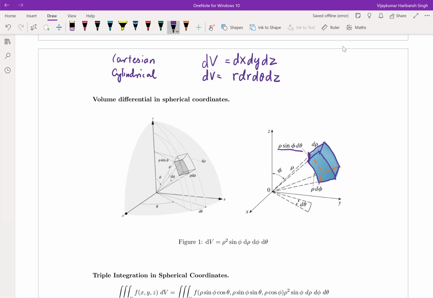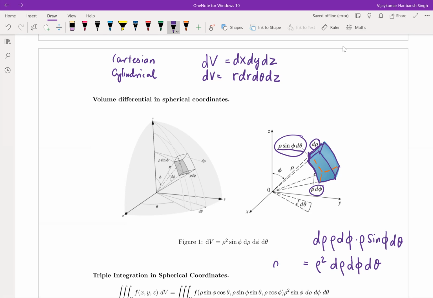The bottom can be seen as rho d phi, and then this side can be seen as d rho. So when you multiply them out, you get d rho times rho d phi times rho sine phi d theta. So this becomes rho squared sine phi d rho d phi d theta, or any permutation of this. So this is your volume element.